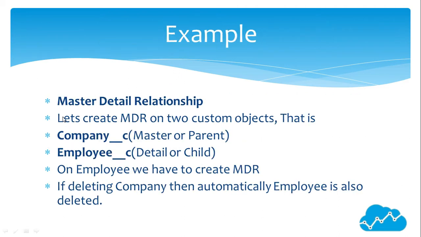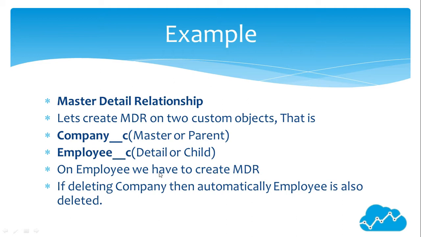Example: let's create master detail relationship on two custom objects. That is Company__c. This is one custom object and this is going to be master or parent. Employee__c, this is also a custom object and this is going to be detail or child object.